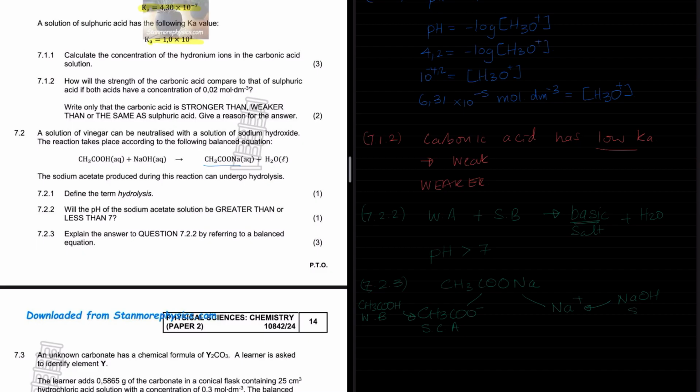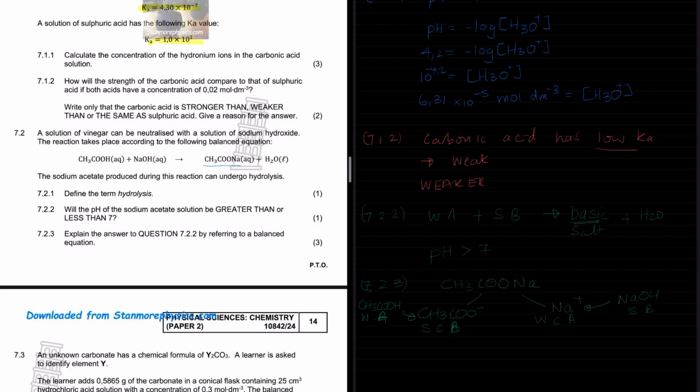NaOH is a strong base, which means that Na plus is a weak conjugate acid. I made a mistake. CH3COOH is a weak acid. That means CH3COO minus is going to be a strong conjugate base.